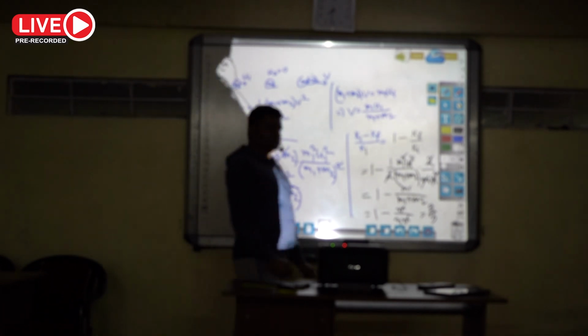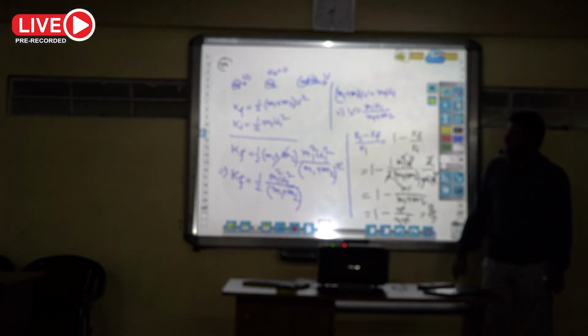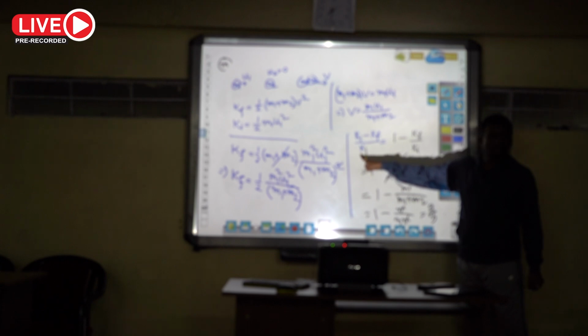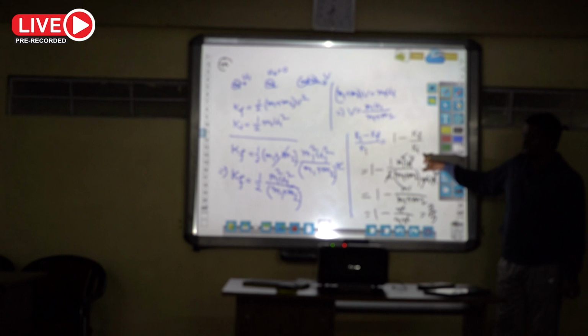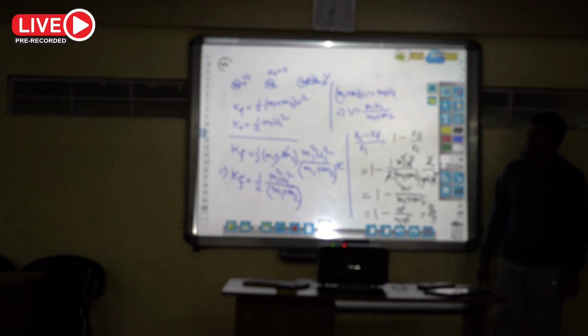Now if I want to calculate loss, initial is larger, final is smaller, so it is Ki minus Kf divided by Ki. Loss means Ki minus Kf, fractional loss, how much part is lost. For that I have to divide it by Ki. Now it will be 1 minus Kf by Ki. Then we can substitute here and calculate and it will come 2 by 3.